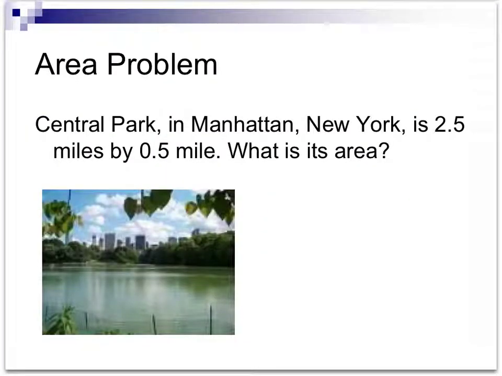In this next problem, we will be working with multiplying decimals together. Central Park in Manhattan, New York is 2.5 miles by 0.5 mile. What is its area? So taking a look at this, I need to remember how to find the area of a shape. So I know that the dimensions are 2.5 by 0.5.